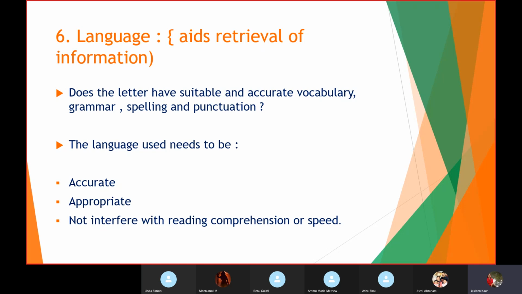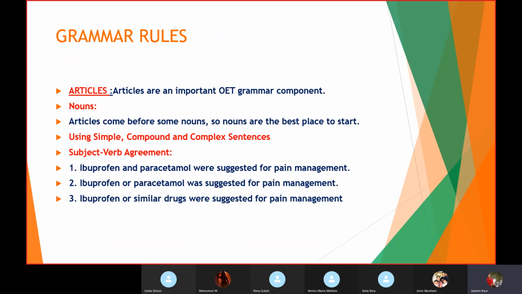So what they expect is for you to use it accurately and in an appropriate way, and don't show that you're writing in a very complex way which is not even understandable. It shouldn't be that way, but yes, you should write very clear-cut information. So if you keep all these points in your mind, it will be a little easy for you to score high.